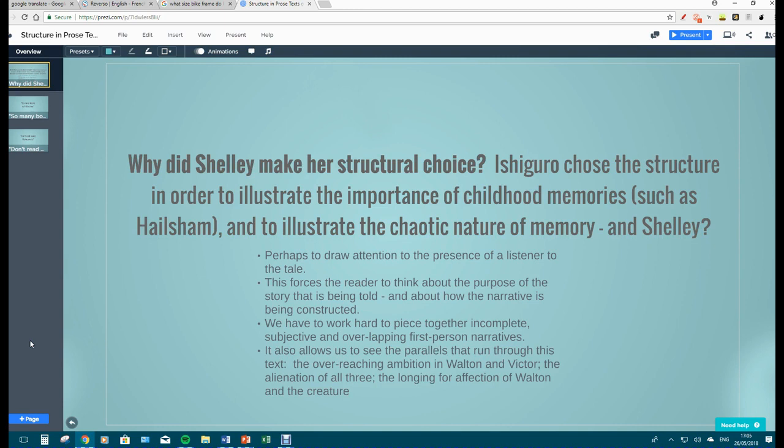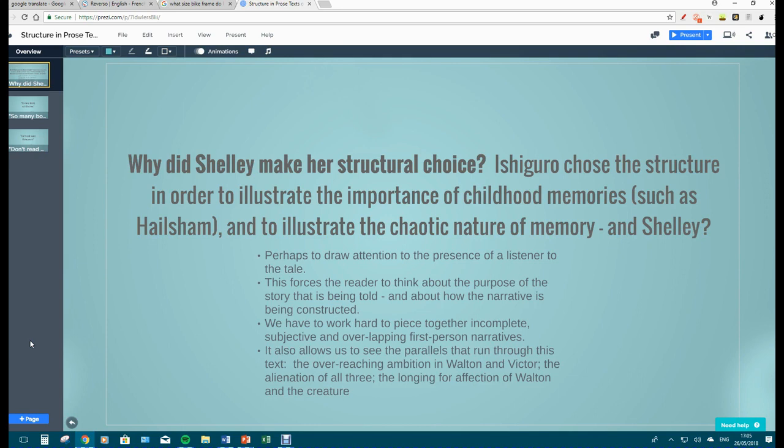But ultimately it ends up as an appeal to Walton to destroy the creature. So you always have to be thinking about how the narrative is being constructed. He would paint the creature in that negative light, wouldn't he, if his ultimate intention is that Walton should destroy it.